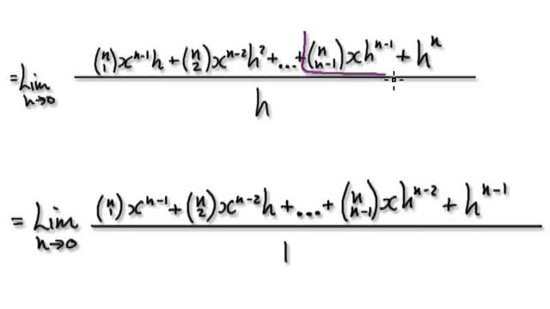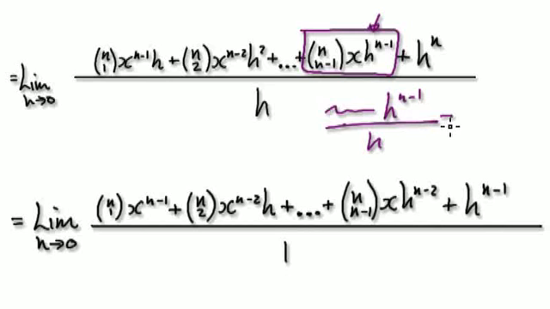And then the second to last term here. So at the moment you've got h to the power of n minus 1. When you divide, so it's blah blah blah times h to the n minus 1. And then when you divide it by h here, then the answer will be blah blah blah h to the power of n minus 2.